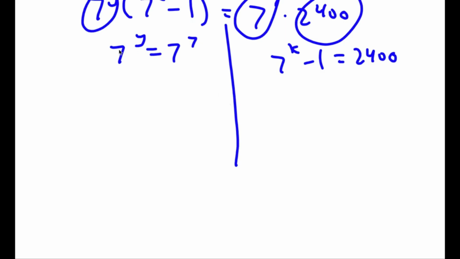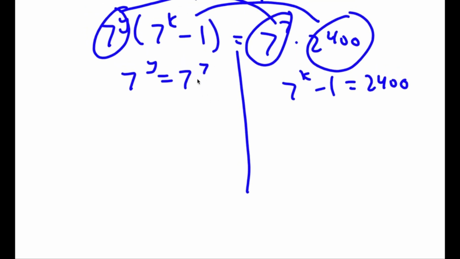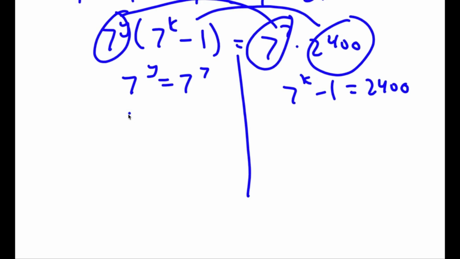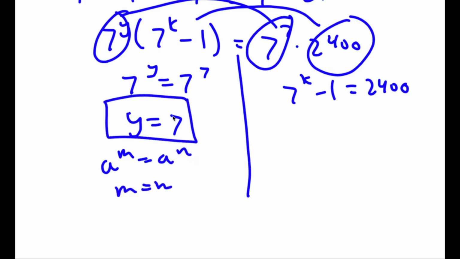So now, if 7 to the power of y equals 7 to the power of 7, then this means that y is equal to 7, because if I have something in the form a to the power of m is equal to a to the power of n, this means that m is equal to n. So y is equal to 7.